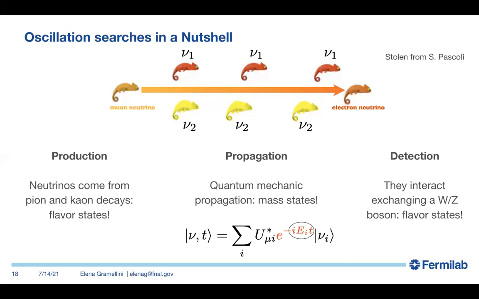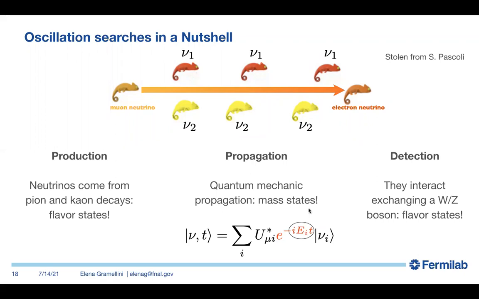then when these neutrinos start propagating, your propagation is a quantum mechanical propagation through this formula here, and they propagate through their mass states. So hidden in this equation is the mass of your neutrinos.